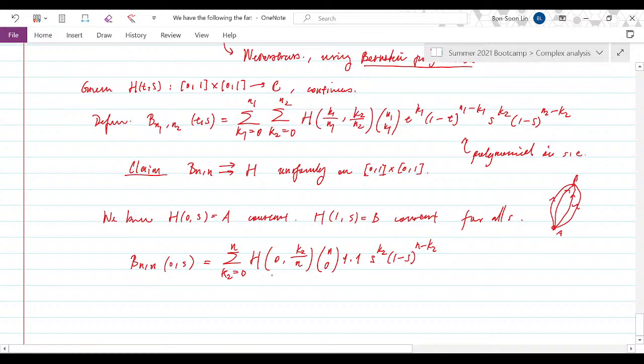But because this is always a, we get a factor of a out, times the sum over k2 from 0 to n of n choose k2, s to the k2, (1 minus s) to the n minus k2. I forgot the factor of binomial coefficients.